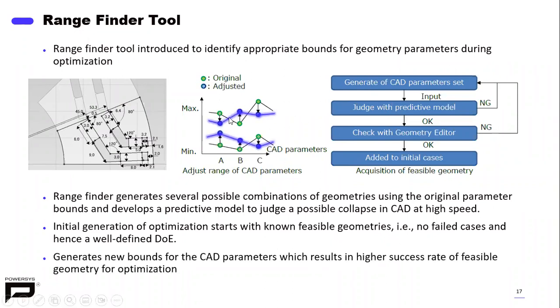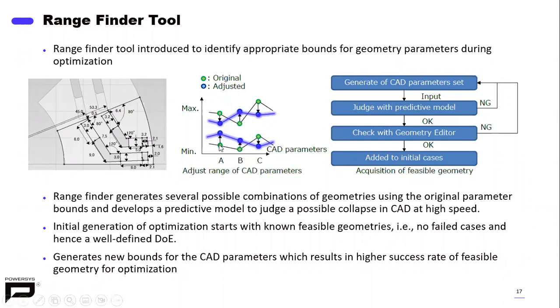The blue color is what we get after using the rangefinder. Here you can see the parameters that were set by the user, in green color, are adjusted by the software in order to avoid the geometry break with a complex geometry with many parameters.